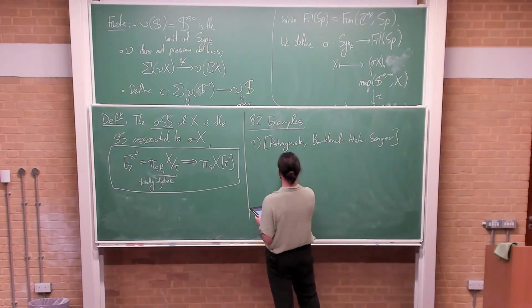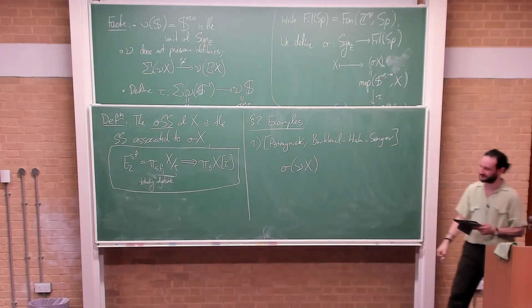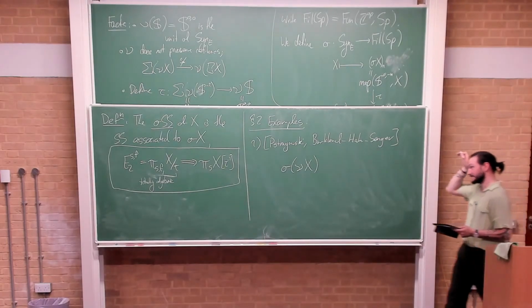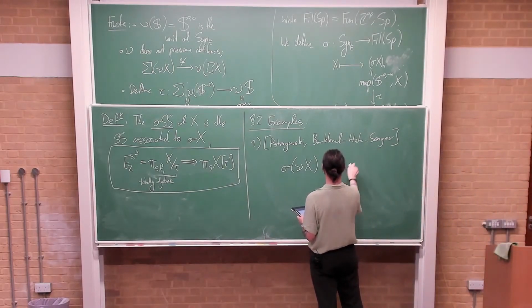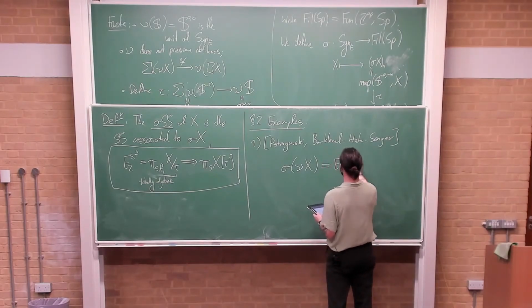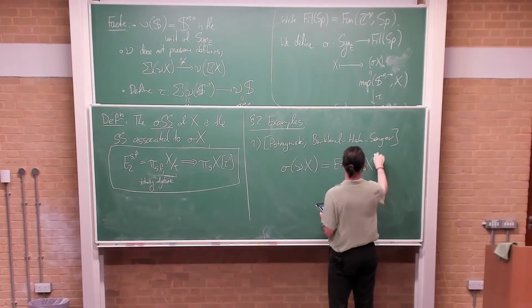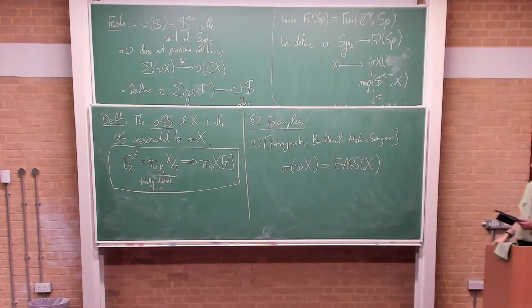In other words, roughly speaking, what this sequence of Greek and Roman letters is. And the answer is, this gives you the E-based Adams spectral sequence for X, up to, let's assume that X is E-nilpotent complete.